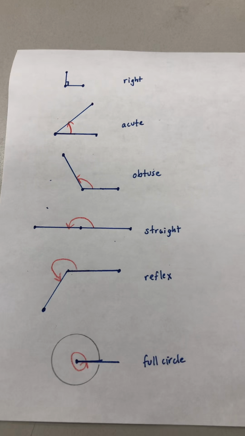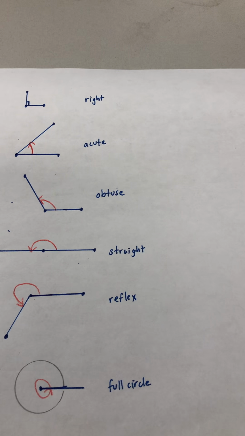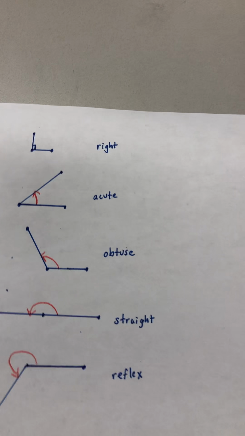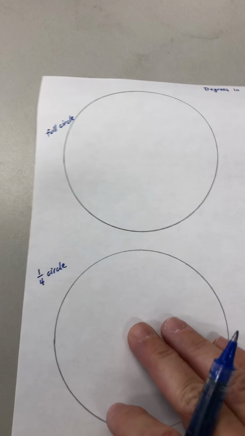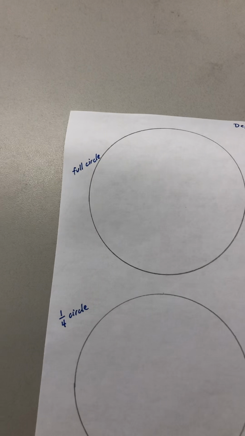Okay, so after we can classify and decide what type of angle we're looking at based on this vocabulary, then we're going to get into actually measuring angles and looking at number of degrees. Before we actually start using a protractor for that, though, we are going to use some math, some algebra, some number sense, and some decomposition to determine the number of degrees in certain benchmark angles.